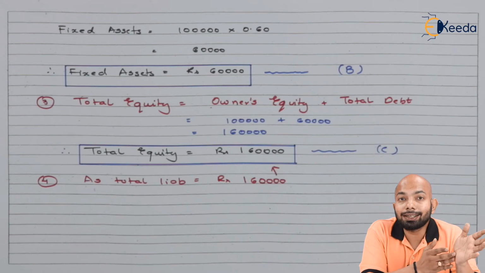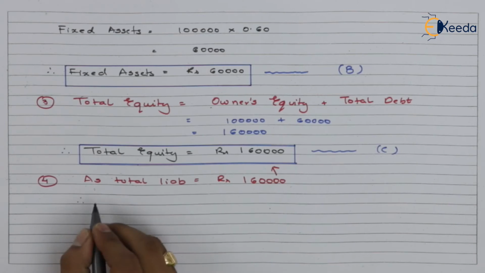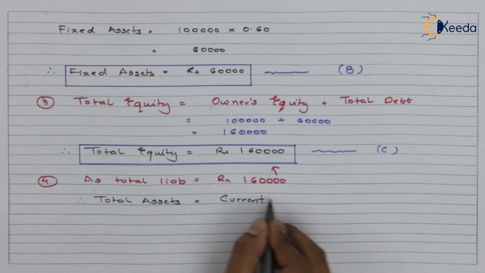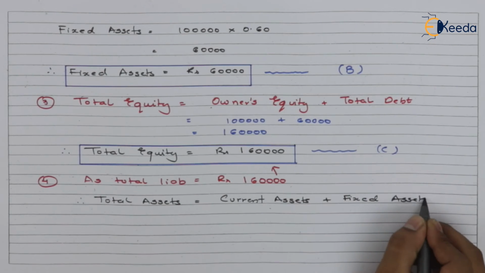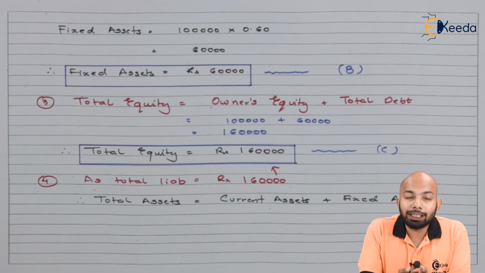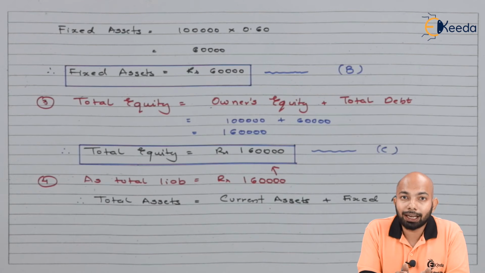So total assets equals current assets plus fixed assets. This is the formula. If the total liability or the total equity is 1,60,000, that means total asset should also be equivalent to 1,60,000.